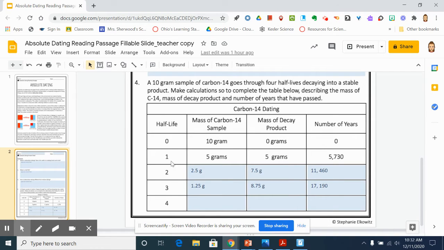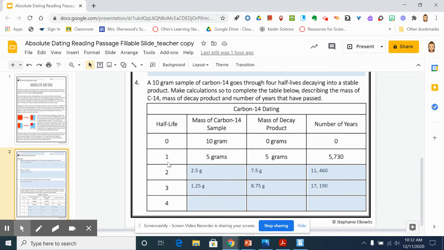However, after 1 half-life, so remember, a half-life is the amount of time it takes half of a radioactive sample like carbon-14 to decay into a stable sample, such as in this one, nitrogen-14.